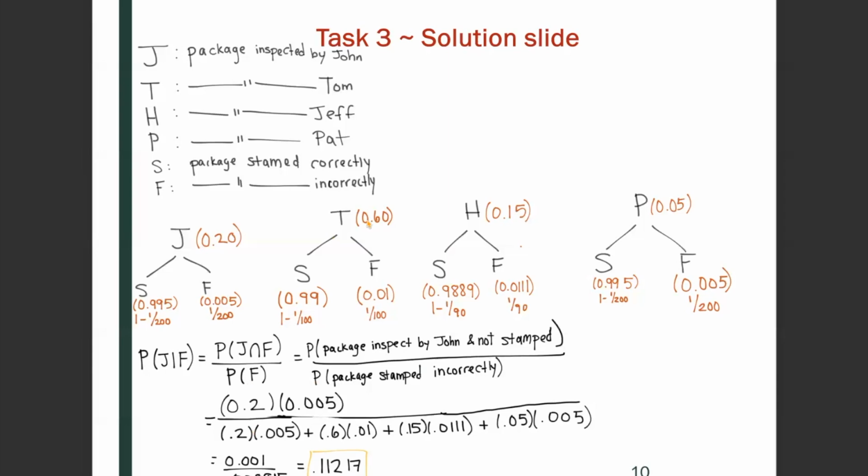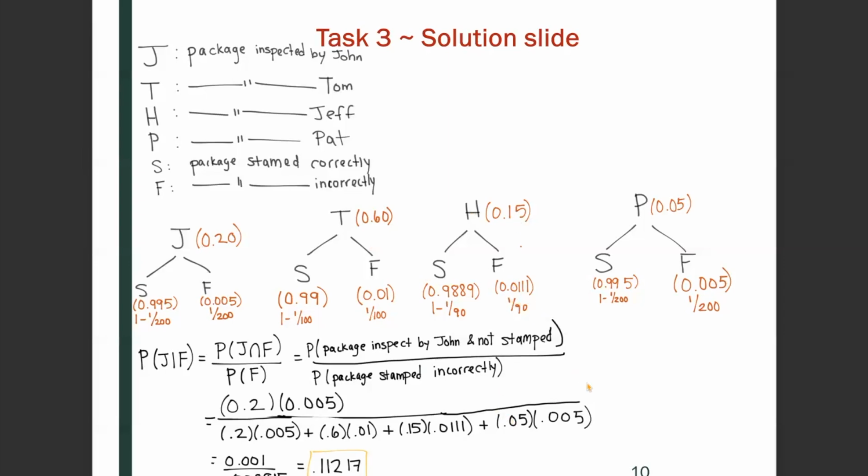That's the chance that Tom had inspected the package times the probability that he failed to stamp it correctly. So that would be 0.6 times 0.01. And then the same for Jeff, which would be 0.15 times 0.011.